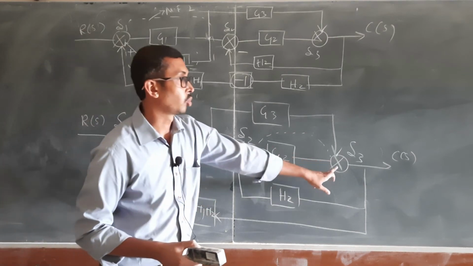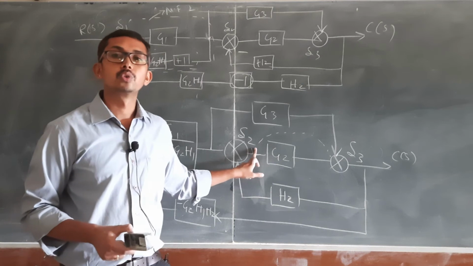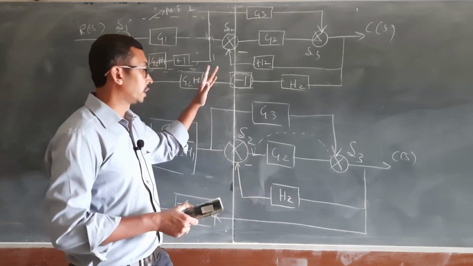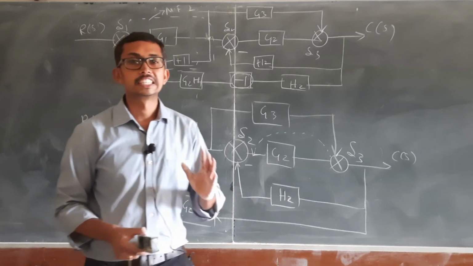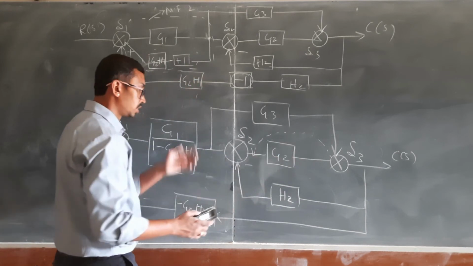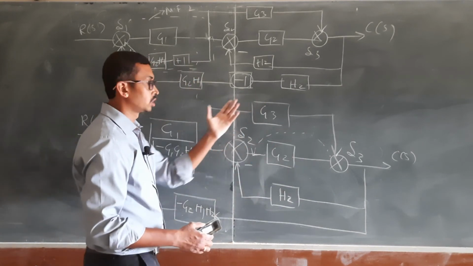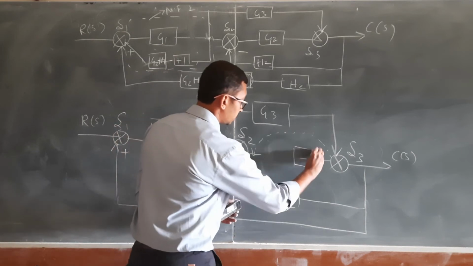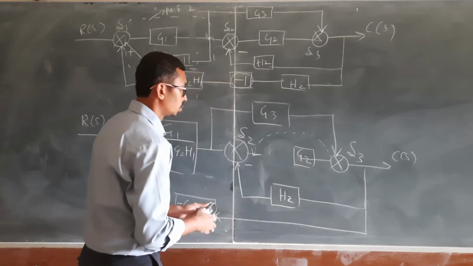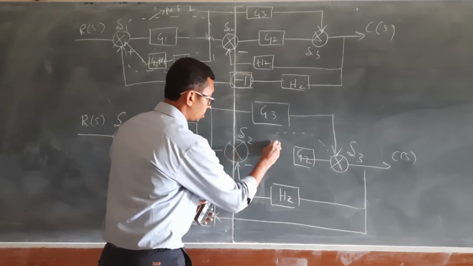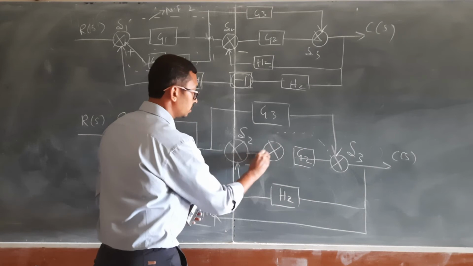Okay, so we are going to shift this, then apply the associative law. Then this problem will be reduced easily. I am applying this rule, shifting the summing point before the block G2. So then what happens here? Here it will be G2 only. If I shift this summing point over here, summing point 3 will come over here.